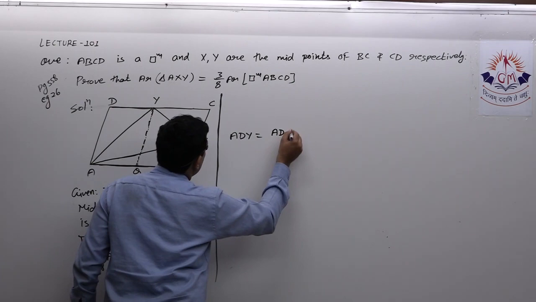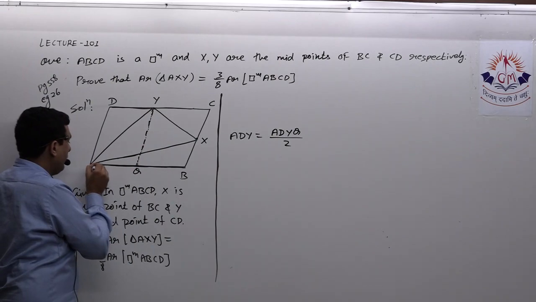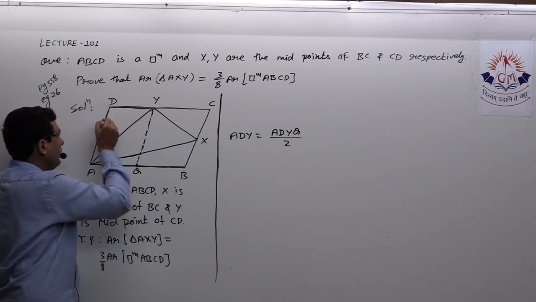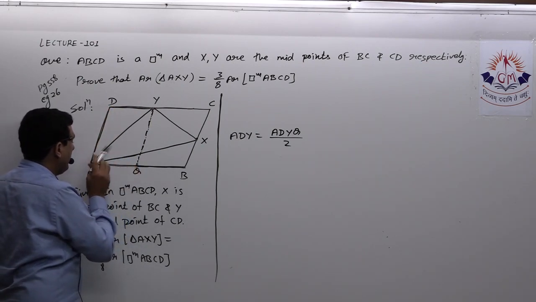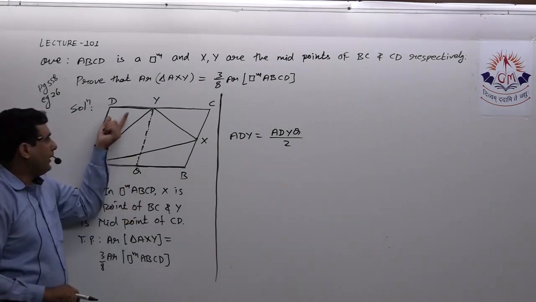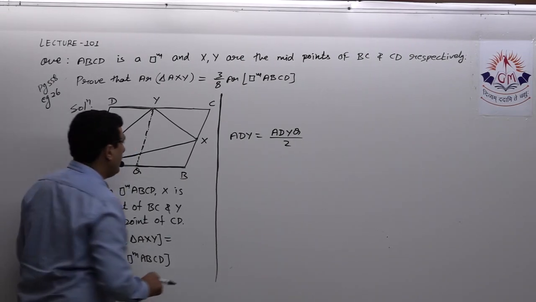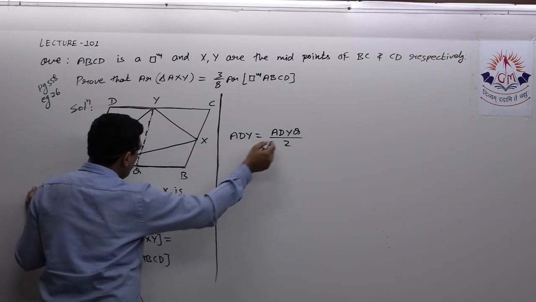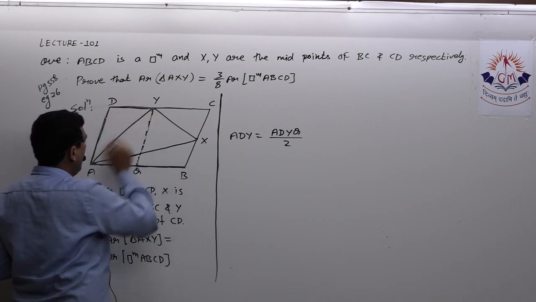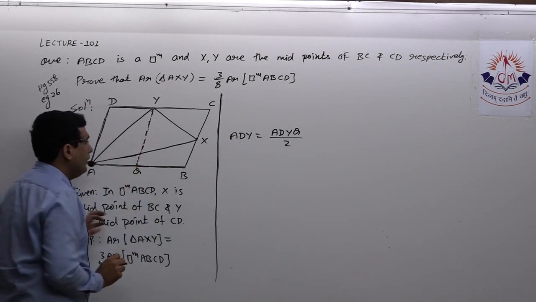First I construct this, then I prove ADYQ is a parallelogram. How can I say this quadrilateral is a parallelogram? Both pairs of its opposite sides are parallel: AQ parallel to DY is given, and AD parallel to YQ by construction. So this is a parallelogram. Area of triangle ADY will be half of ADYQ.